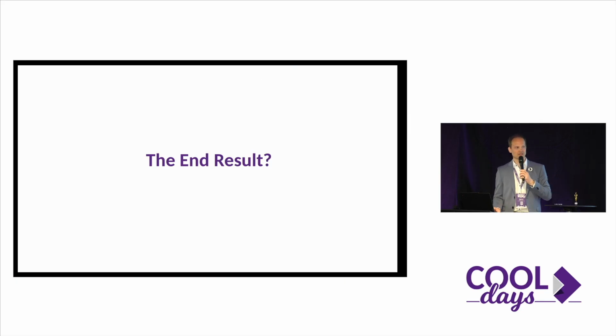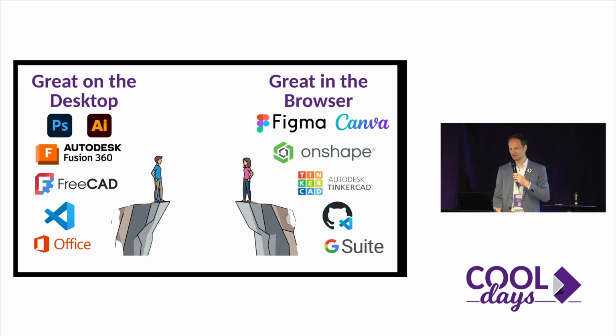So the end result, where the industry has arrived for many products, is this one. You have this gulf, like this canyon in the middle. One side is great on the desktop, the other side is great in the browser, but it's not written here, what I'm saying is it's usually awful on the other side.